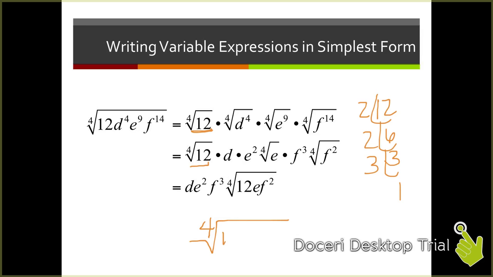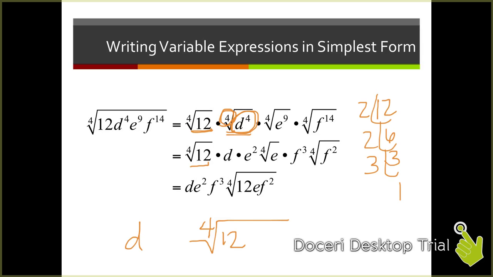And so that 12, there's nothing about it that can come out of the radical. So it's going to stay. Then I get to my fourth power of d to the fourth. Well, d to the fourth already means I have 4 d's being multiplied. So that means, since it's the fourth root, the d can come out in front.